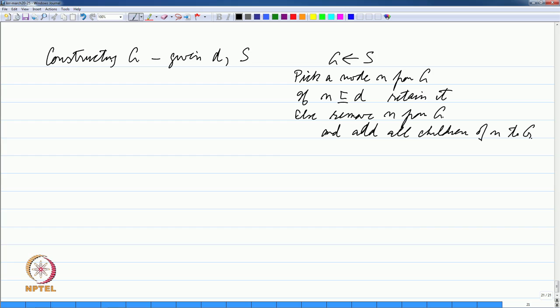So, we start with the set S. If it is subsumed by D, we keep it there. If it is not subsumed by D, we throw it out, but add all its children, and we repeat this process for all the things that we keep adding.